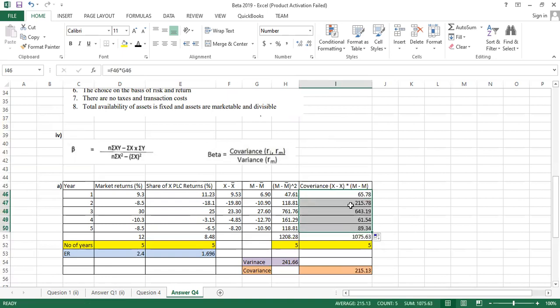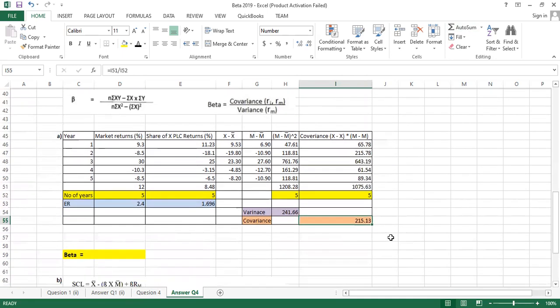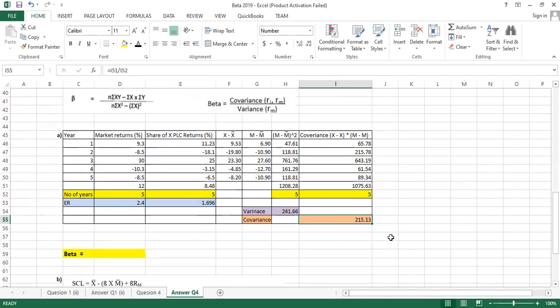So x minus x bar multiplied by m minus m bar we calculated. Then we want to calculate this total. So total is 1075.63. Then we want to divide it by number of years. Then we can calculate the covariance. So covariance is 215.13. So covariance and variance we calculated.